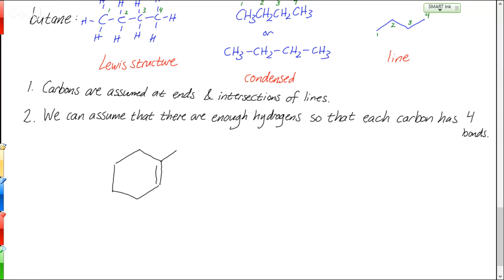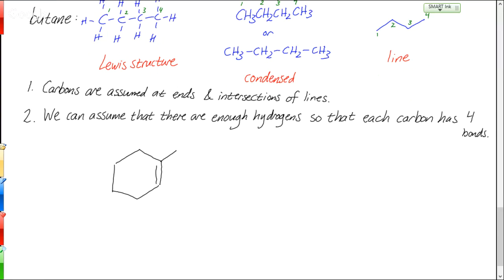So let's go through and calculate the number of carbons first, and then we'll look at the number of hydrogens on each carbon. So based on rule number 1 here, how many carbons are in that structure? Seven, right.